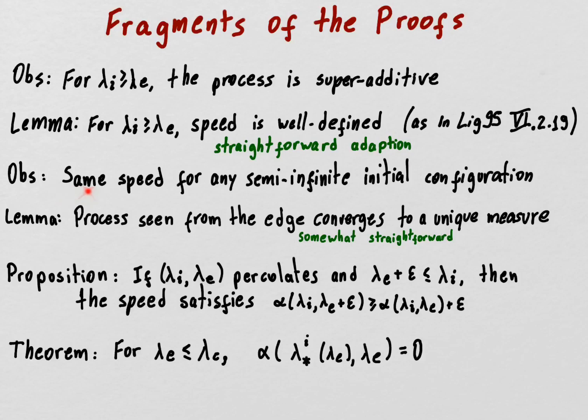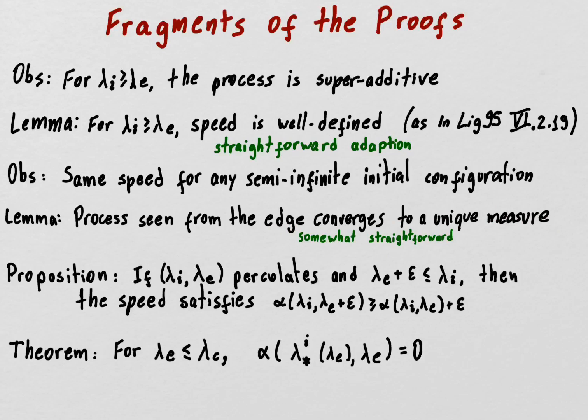And the same speed actually works for any semi-infinite initial configuration. Then finally, we go to a lemma where the process seen from the edge, so it has a configuration which is infinite to the left and finite to the right, seen from the rightmost occupied site, converges to a unique measure.